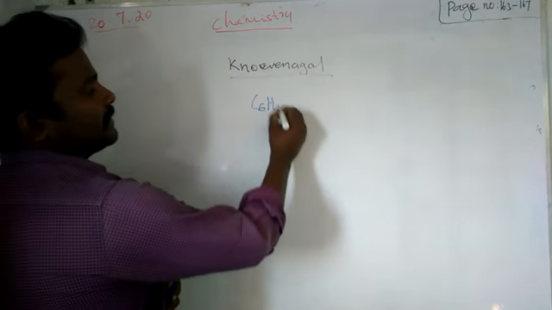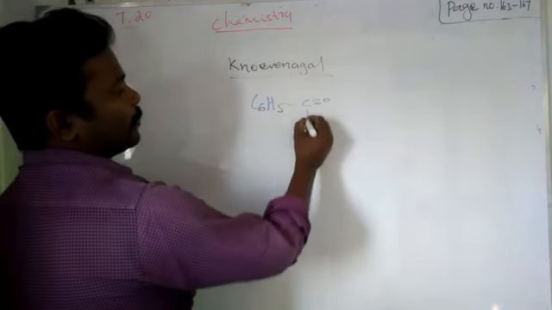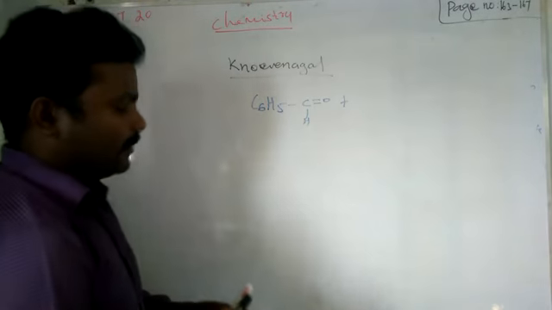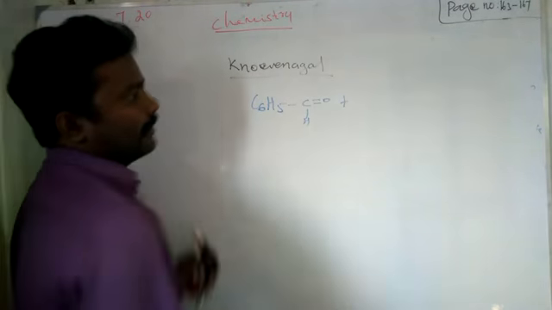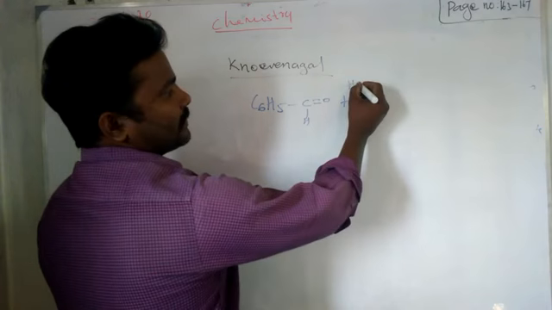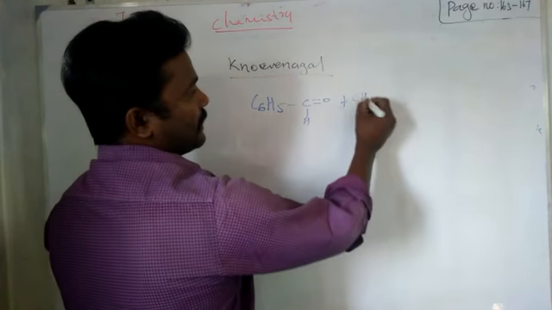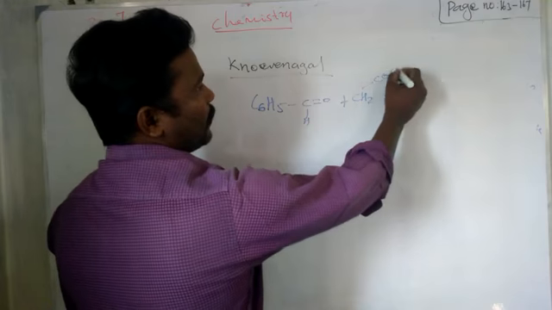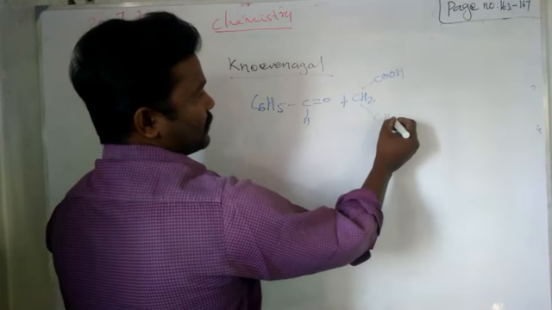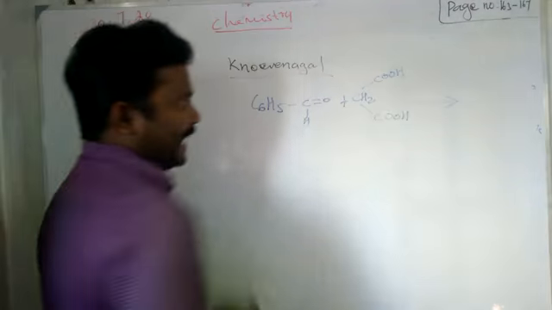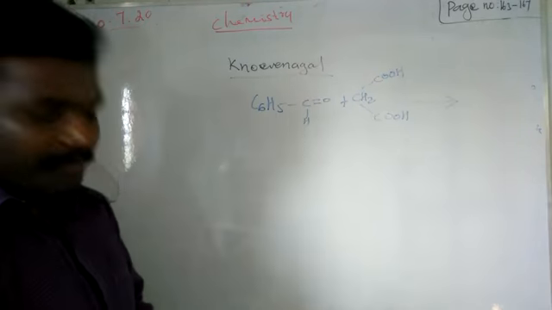Benzaldehyde, C6H5C double bond OH, reacts with malonic acid. What's the molecular formula for malonic acid? HOOC CH2 COOH. What is the catalyst you have to take here? Pyridine.